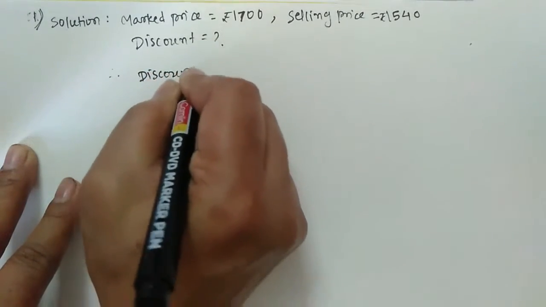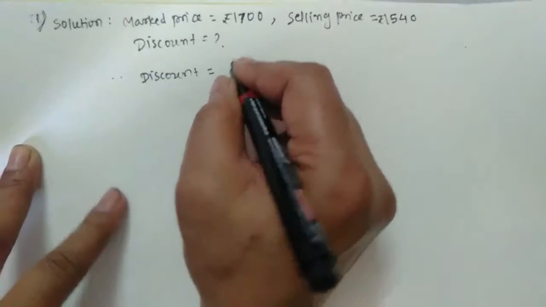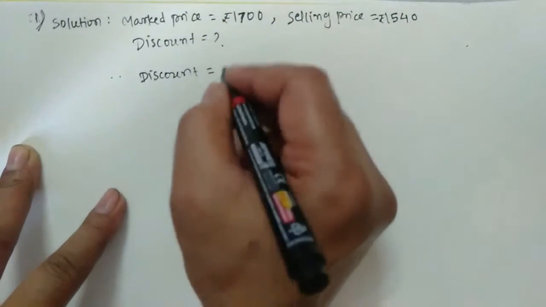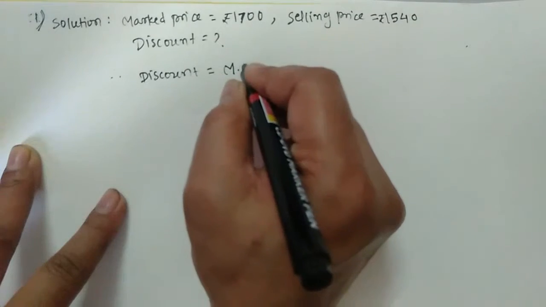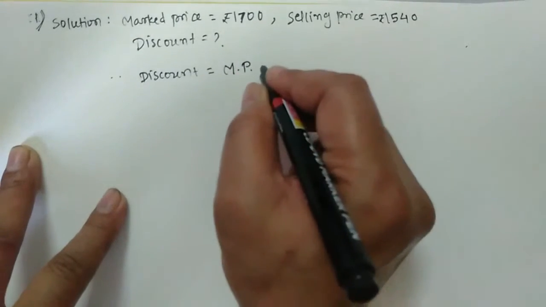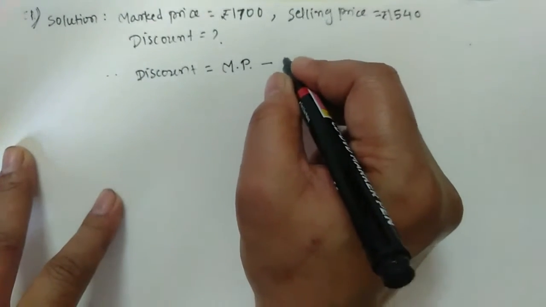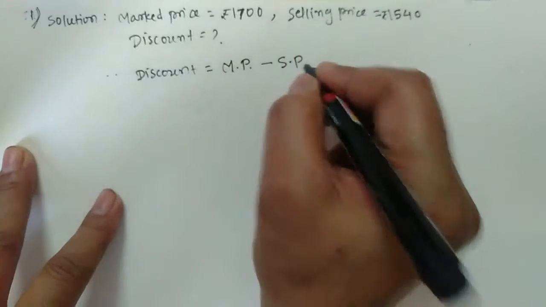So we know that discount is equal to mark price. We can use the short form here, MP, mark price, minus SP means selling price.